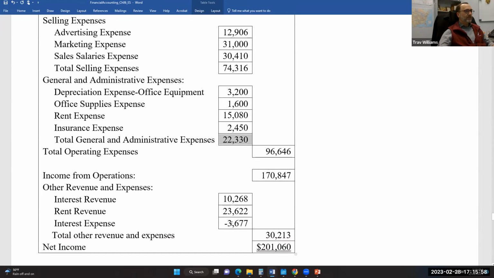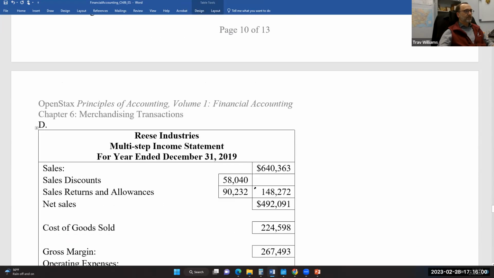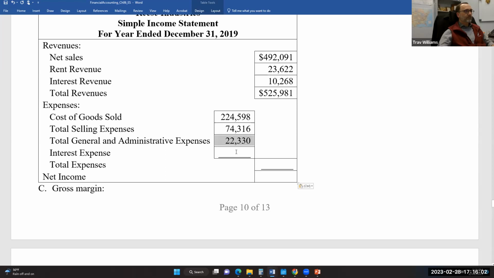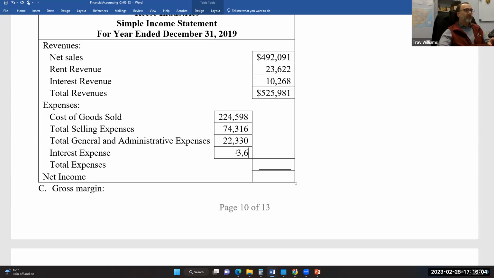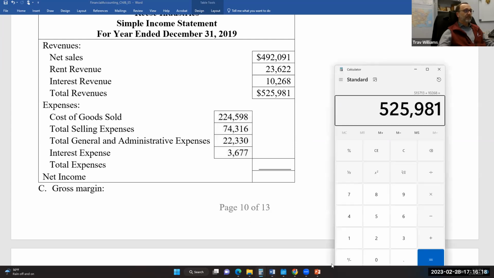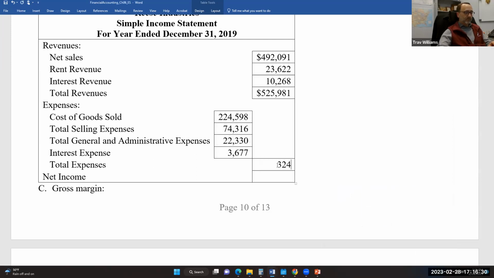And then interest expense was 3677. Okay, so in the simple income statement, again, we don't have as much detail. Selling expenses is just one number. General administrative is just one number instead of all the detail. Now we're going to add up all of these expenses. I get $324,921.